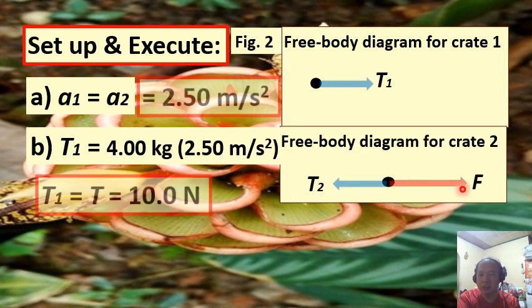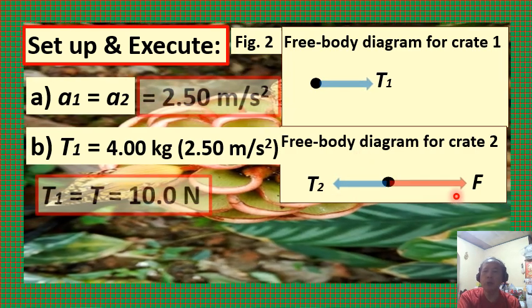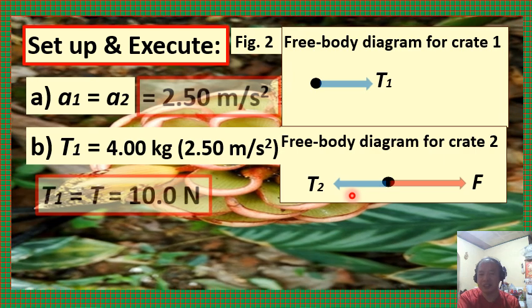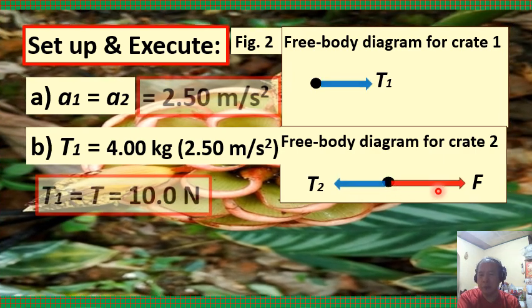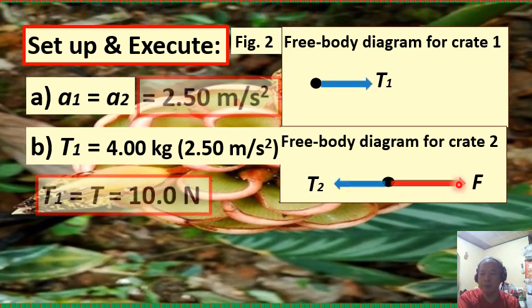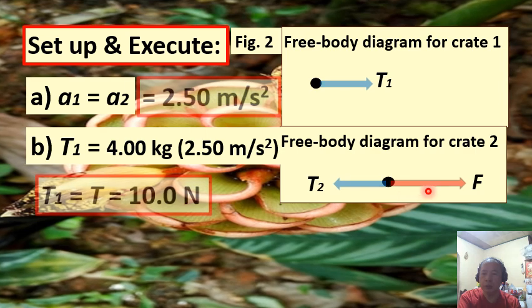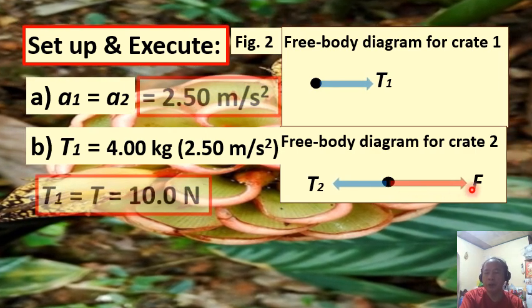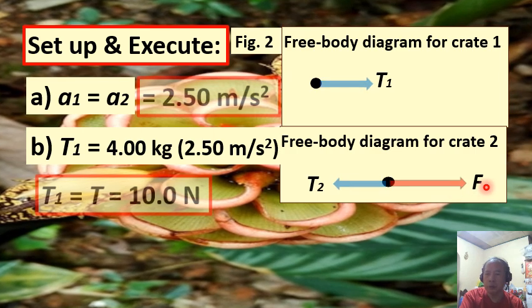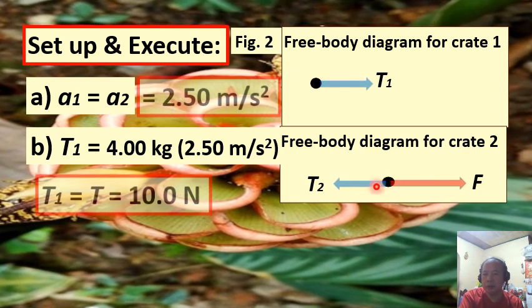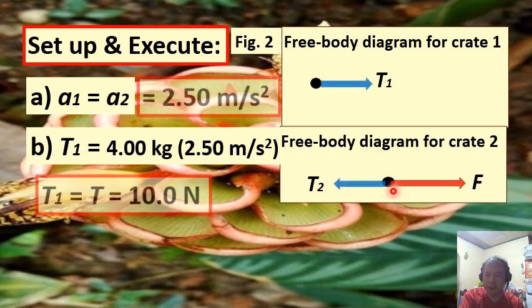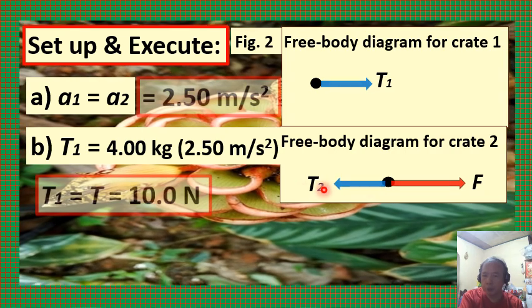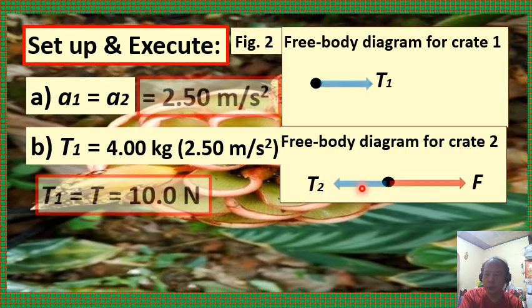But along the horizontal, we have the two horizontal forces, such as the pulling force exerted by the woman on crate number 2, denoted here by the vector arrow pointing to the right, the red arrow, and of course, the force exerted by the rope denoted by T sub 2.